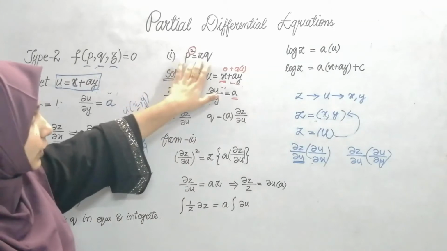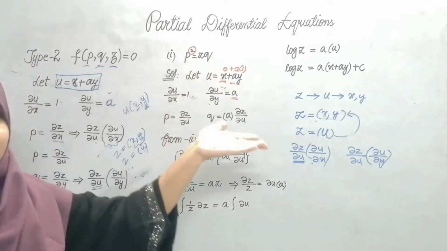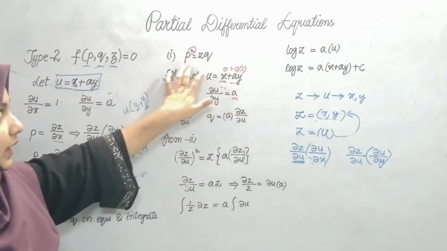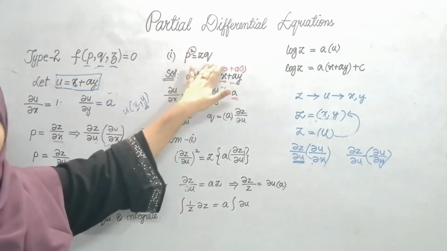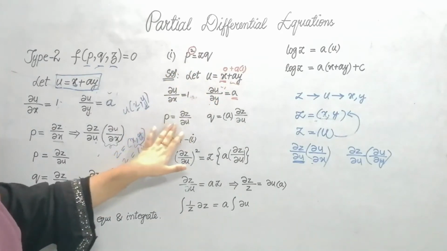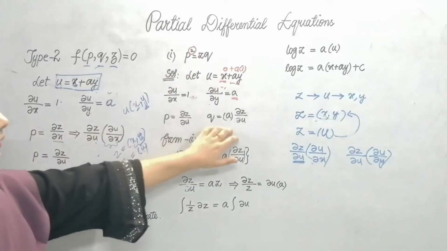Now but my actual question is in terms of what? I don't have any a there. I don't have any b. I don't have any u. I've got p and q, right? So that's what I'm writing. P is equal to, from this thing I just wrote it directly here.